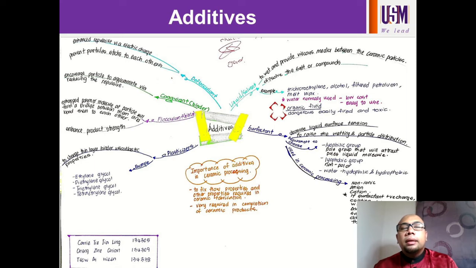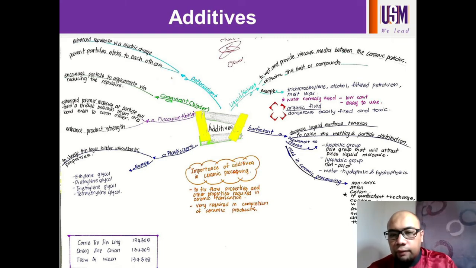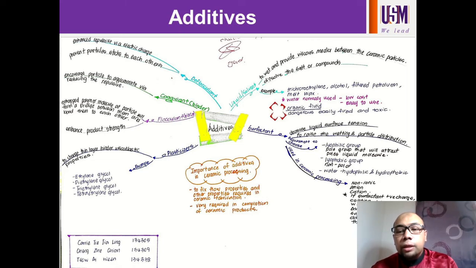But in this case, the big question mark is cost. Whether you choose the deflocculant or coagulant or flocculant depends on the cost itself. Normally in industry they use a cost-effective additive solution.